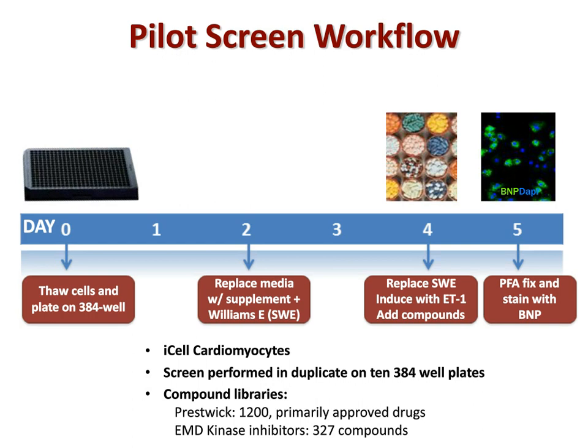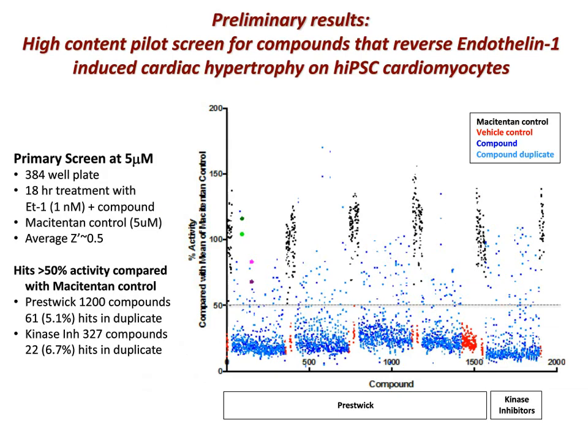So we've completed a pilot primary screen, and the preliminary data are shown in this scatter plot of BNP expression level compared with the control macitentan. The primary screen was performed at 5 micromolar on 384-well plates with an 18-hour treatment of endothelin-1 plus compound. Macitentan was used as a control at 5 micromolar, and again, our average Z prime was around 0.5.